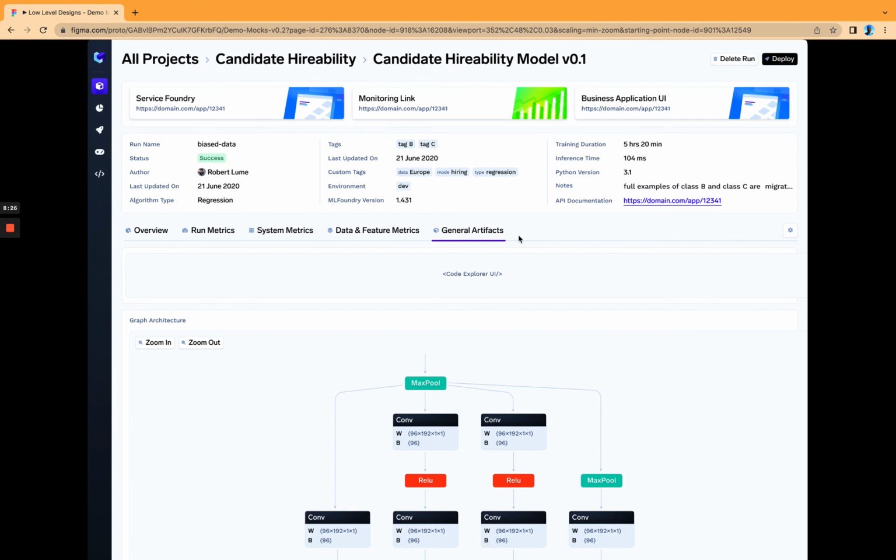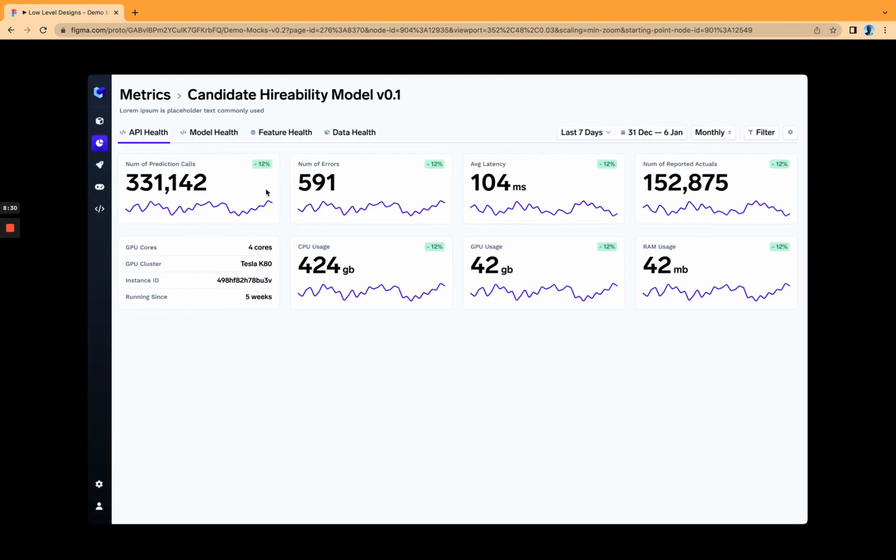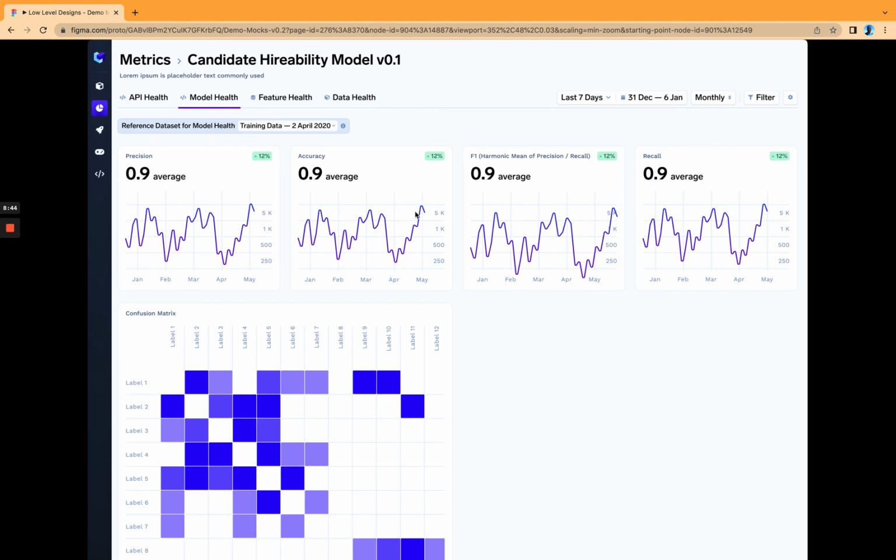But the important part is how well this system is connected with our monitoring solution, where once you deploy your model to production, you're able to track your system health generally, that is the number of prediction calls that you're receiving, latency, and stuff like that. But more importantly, you can track the performance of your model on your inference data in the context of your training data as well.